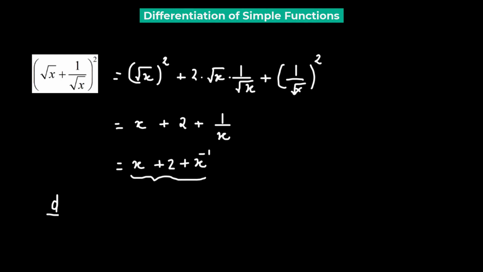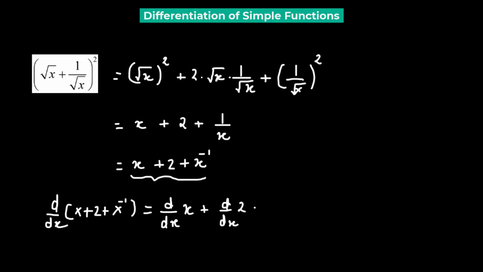So we have d over dx of x plus 2 plus x raised to the power of negative 1. Now we find the derivative of each of the individual terms. So we have the derivative of x plus the derivative of 2 plus the derivative of x raised to the power of negative 1.